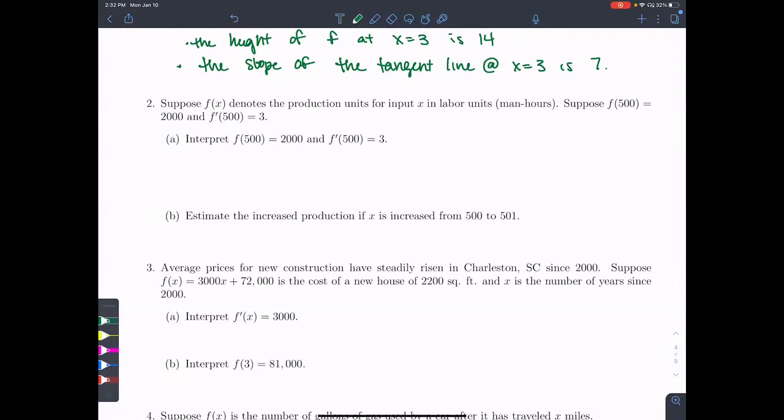So after 500 hours of work, man hours of work, 2,000 units have been produced. Production units is 2,000, input is man hours. So after 500 man hours of work, 2,000 units have been produced.